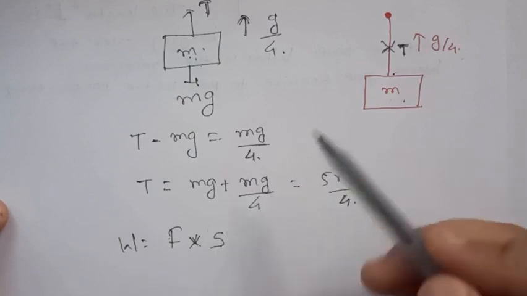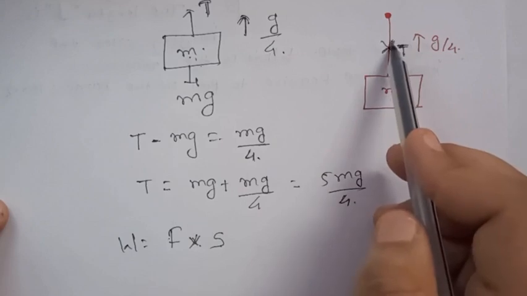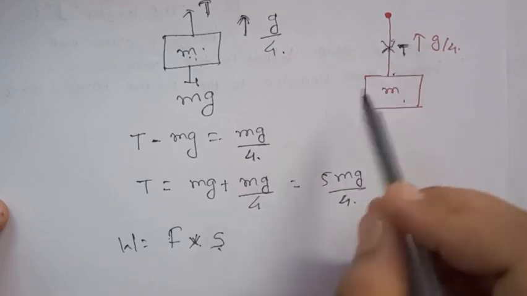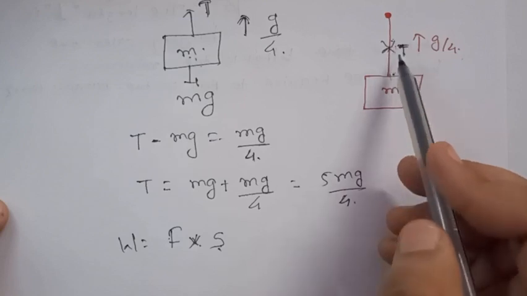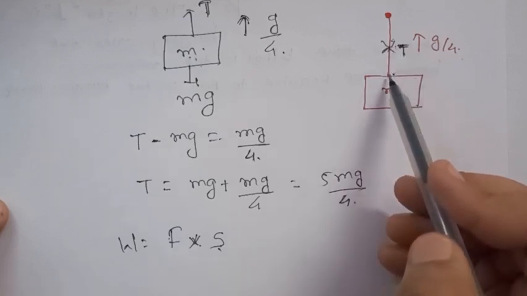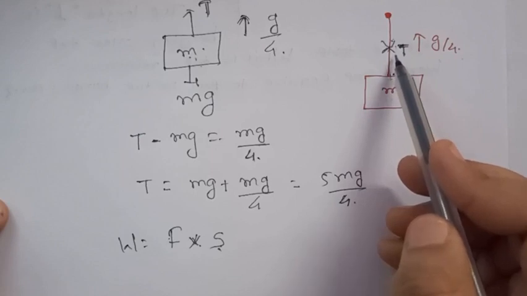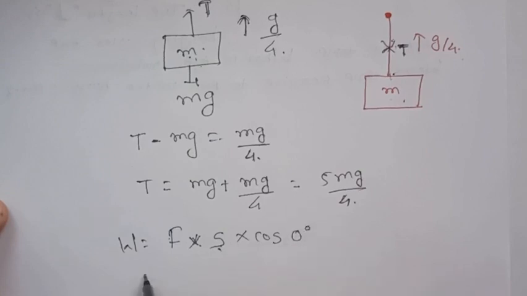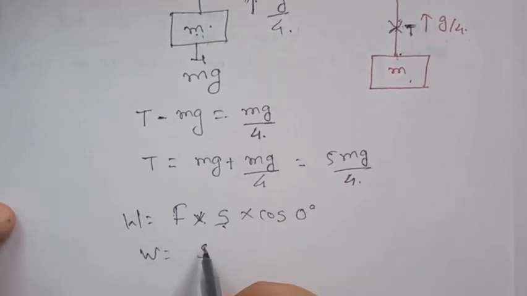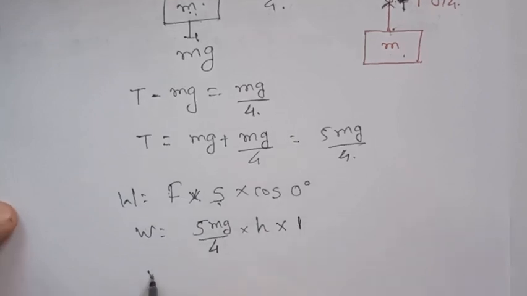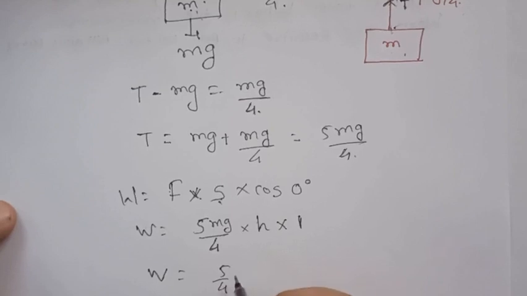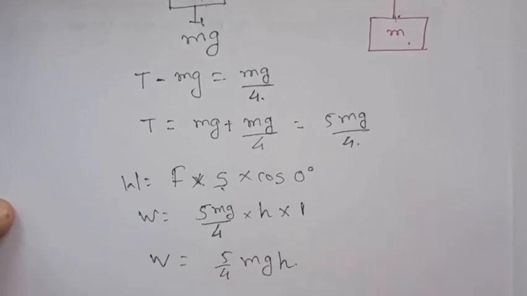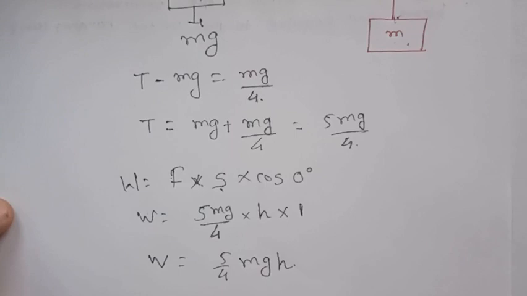While it moves up, it is moving up by a distance of h, so the displacement will be h. Here the tension force is in the upward direction and the displacement is also in the upward direction, so the angle between them will be 0 degrees. So the work done will be the tension force 5 mg by 4 into displacement h into 1. So the work done will be 5 by 4 mg h. So this will be our final answer.